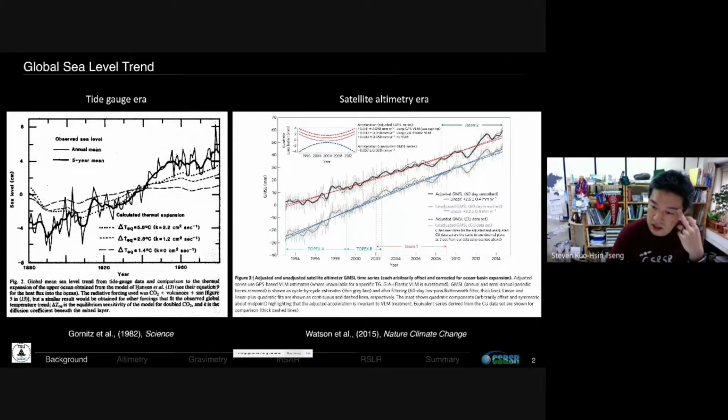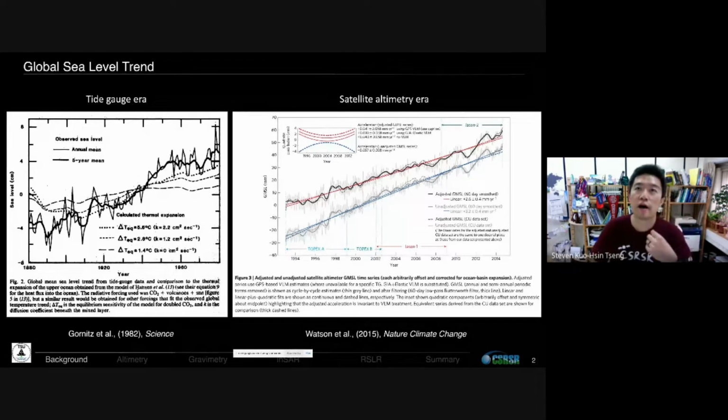In the old days, they used a sort of ruler, like a tape on the coastline, on the dike, or near the harbor, and they needed to check the sea level every 6 minutes, or some minutes, or every hour, and put all these records down. So it's very difficult to maintain very long, continuous, and very high quality data. So nowadays we have satellites.